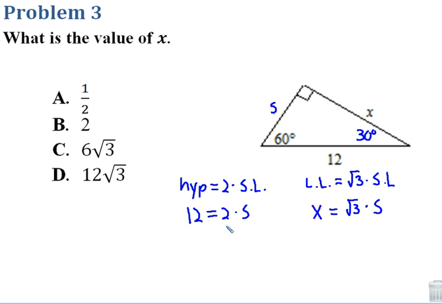And with that formula, if I know my short leg, we can figure out anything else. So we'll divide both sides by 2 to get that by itself, meaning that S is equal to 6. And then once we have that 6, we can plug it into the other formula, substitute it in, that'll give us that x is equal to square root 3 times 6, the short leg, meaning that x is just equal to 6 square root 3.